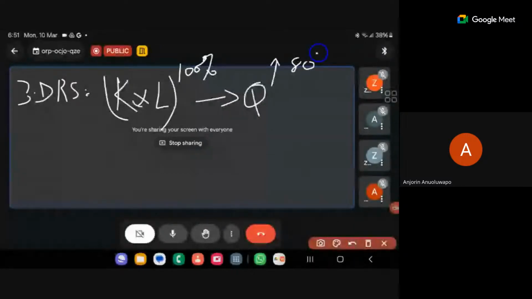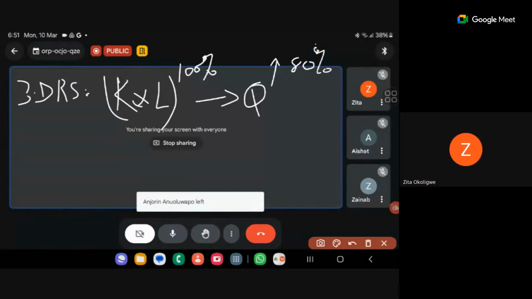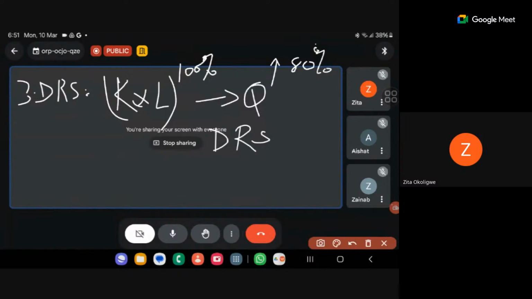For example, if you increase input by 100%, output also increases but by 80%. They are going to call it decreasing returns to scale. You got a result, but it was less than proportionate to the input, the effort you made.